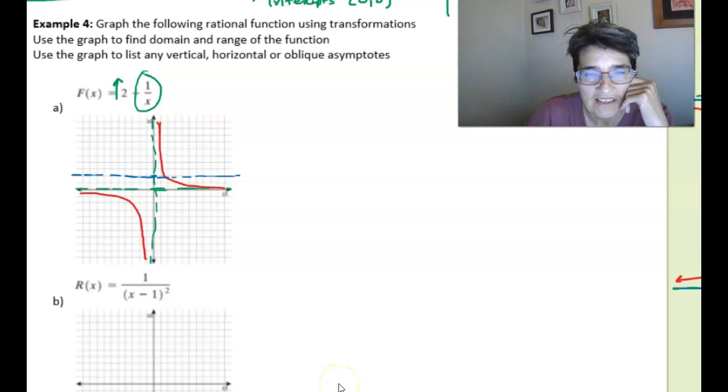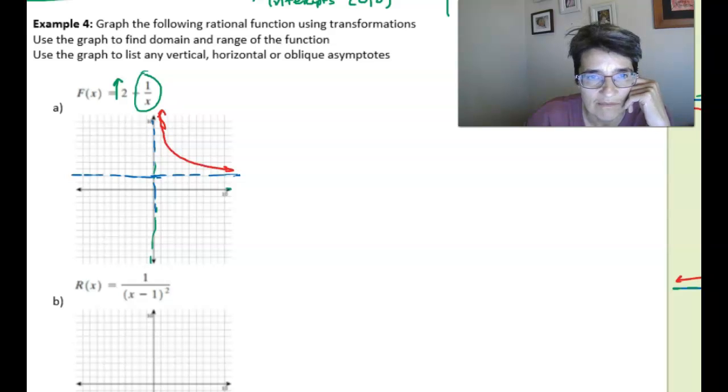Right, so basically these are going to move up 2 units. Now our horizontal asymptote is here, our vertical asymptote is still here, and your function is shifting up 2 units to be above the horizontal asymptote and below the horizontal asymptote.